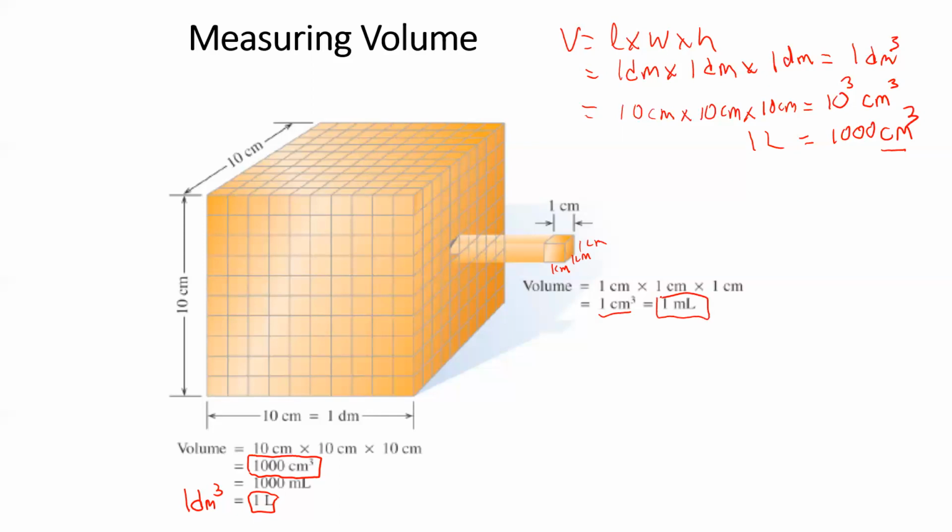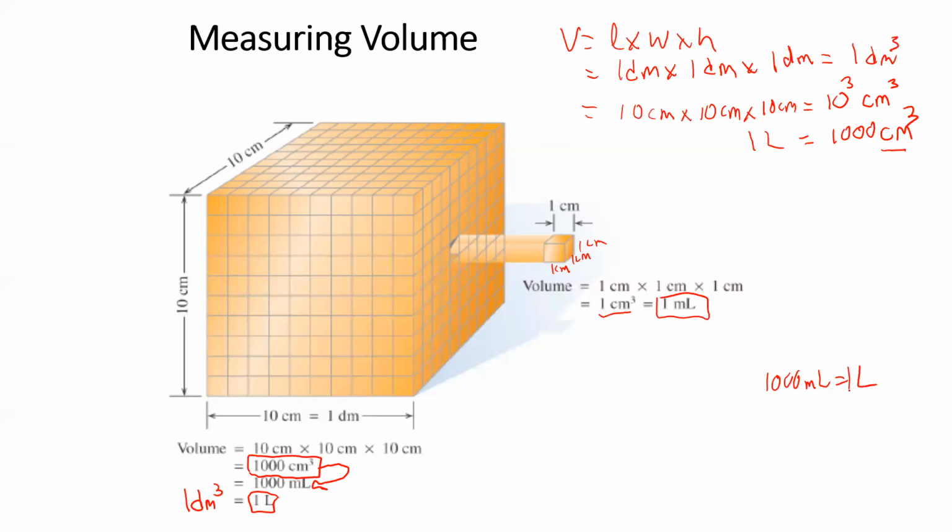And that makes sense. And that's why we see this conversion that 1,000 centimeter cubed is 1,000 milliliters, and that's from our metric prefixes. Milli means 1,000. There's 1,000 milliliters in 1 liter.